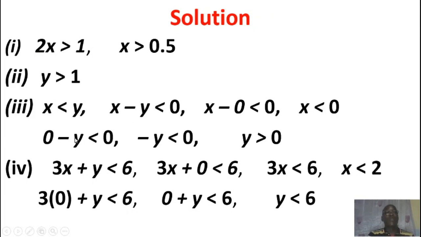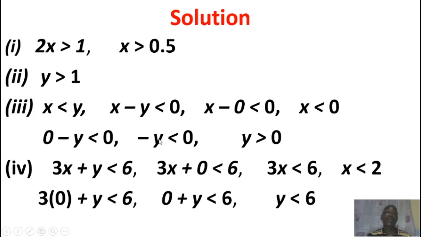Do the same thing for y by putting x to be 0. We see instead of x minus y to be less than 0, it will read 0 minus y to be less than 0.